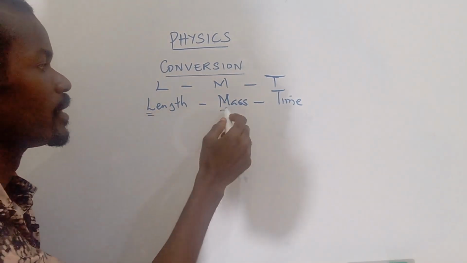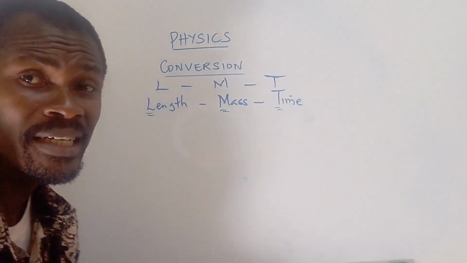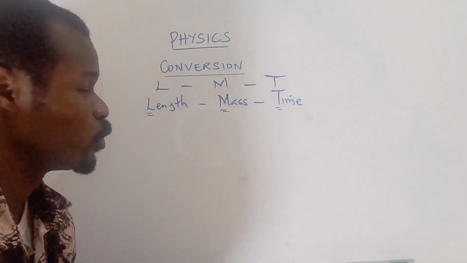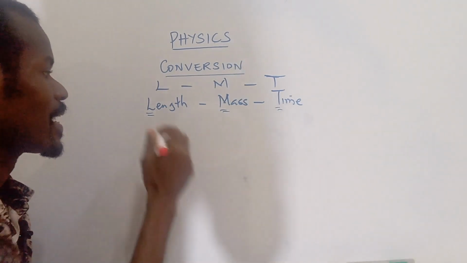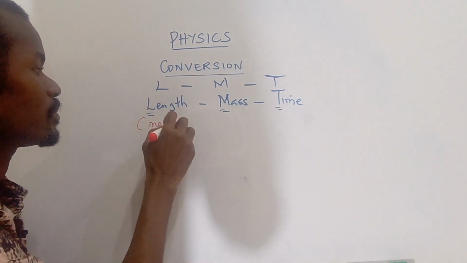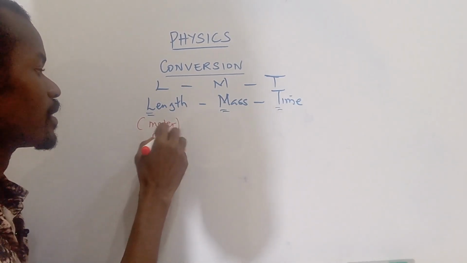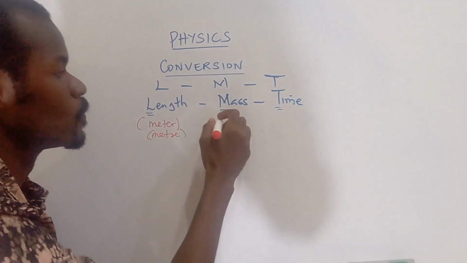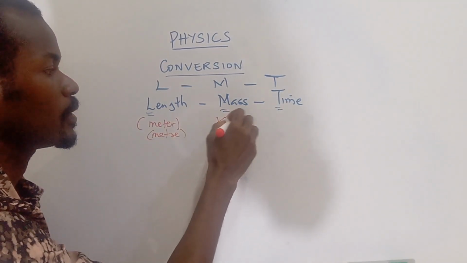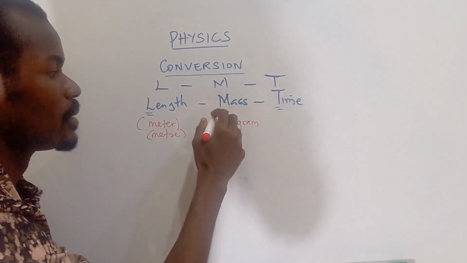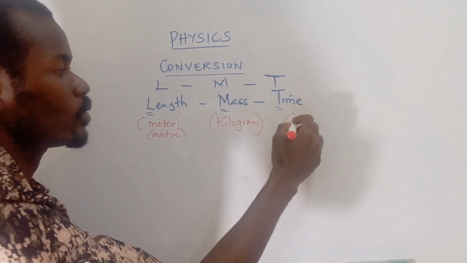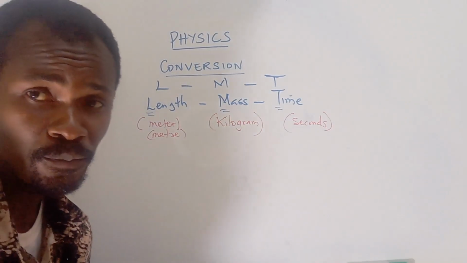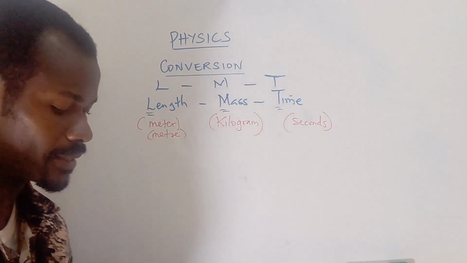Now you have to always do some conversion such that you always convert your length and keep it in meter. For mass, you always keep your unit in kilogram. And for time, we want to keep it in seconds. So first of all, we are going to start with length.